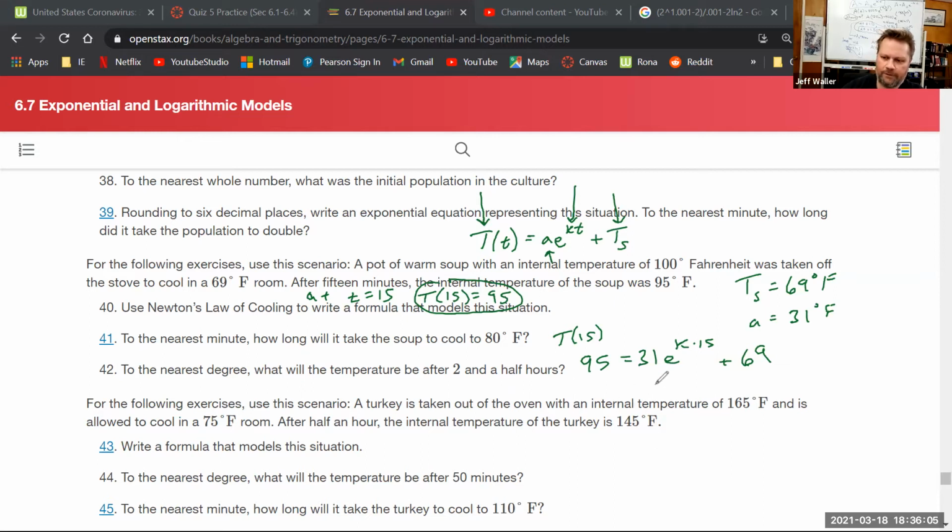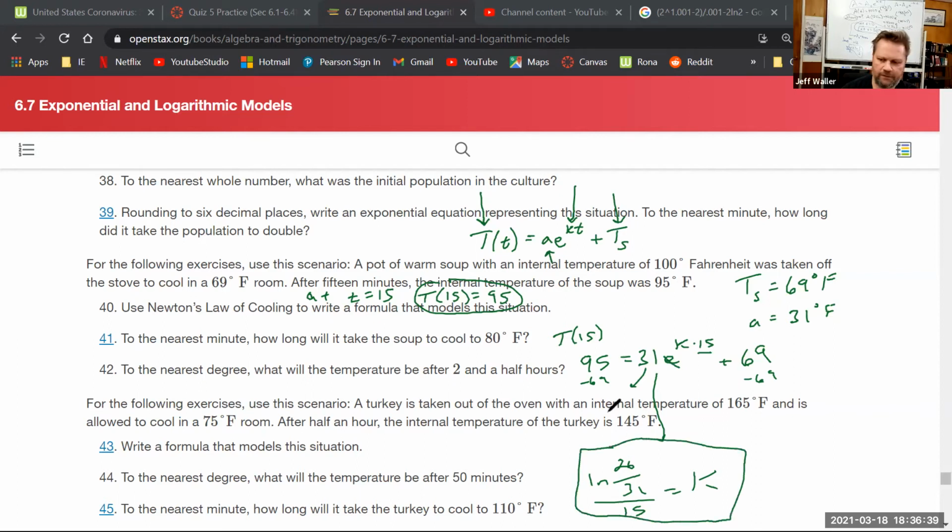I won't do any degree stuff tonight. If I start, I have to subtract 69, so I get 26, then divide by 31, then take a natural log, and then divide that by 15. So subtract, divide by 31, take a natural log, and then divide by 15. That's what K is officially in its full, glorious form.